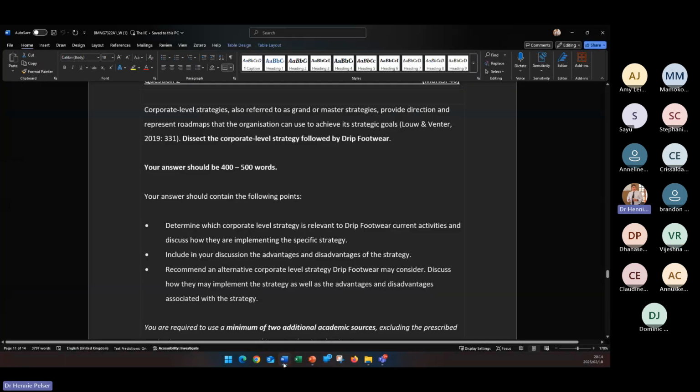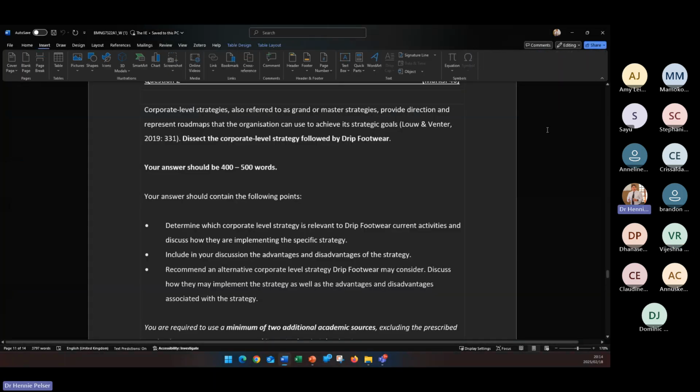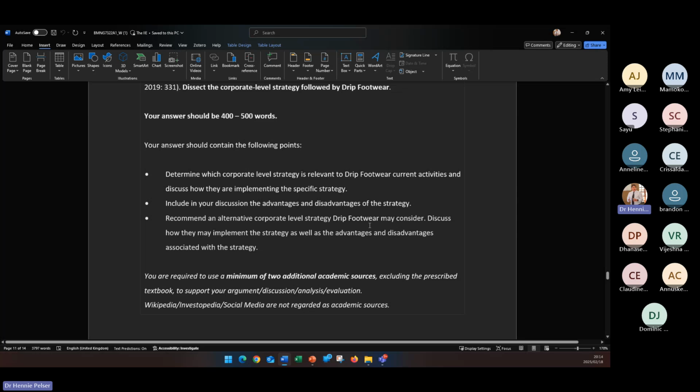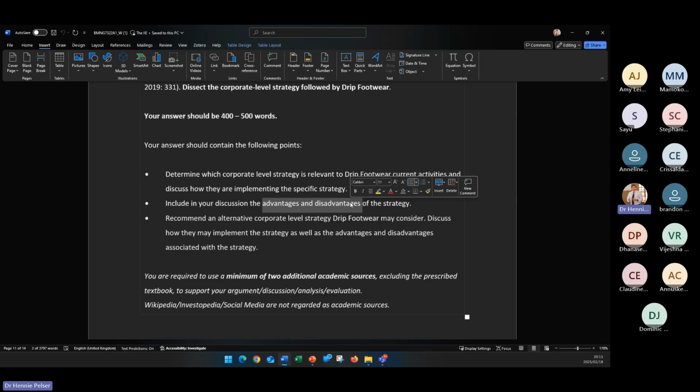Just to go back to the assignment. Right, so advantages and disadvantages. The one thing that is not in the textbook, guys, are the advantages and disadvantages. You're going to have to do a bit of a search there and look at other sources, please. And then an alternative. I would talk about market development and I would use product development as our alternative.